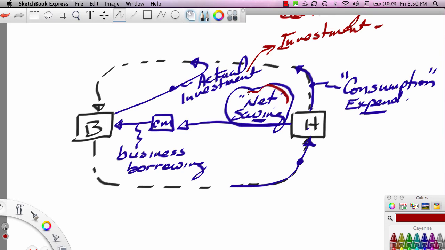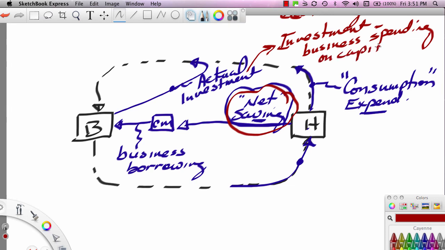But from our standpoint, that is not investment, that is saving. When I save funds and put it into a retirement fund in the form of a stock fund, I am saving, not investing. The question is what is investment then? It's business what? Business spending on what? On capital goods and inventory. Now we're not going to worry about inventory right now.